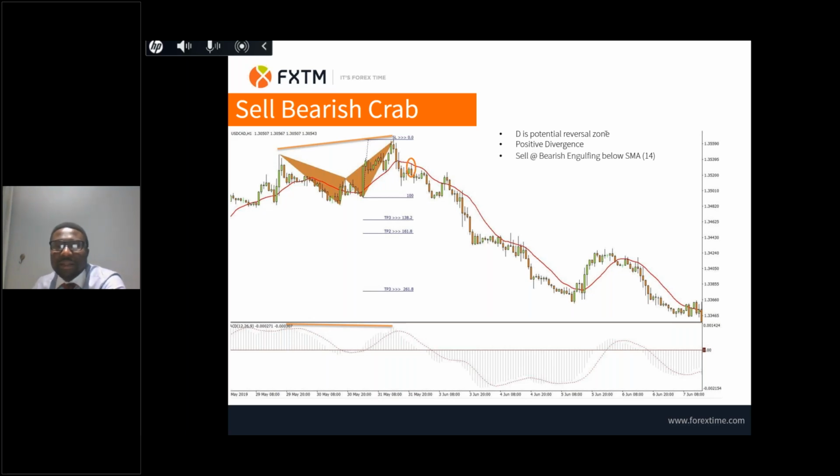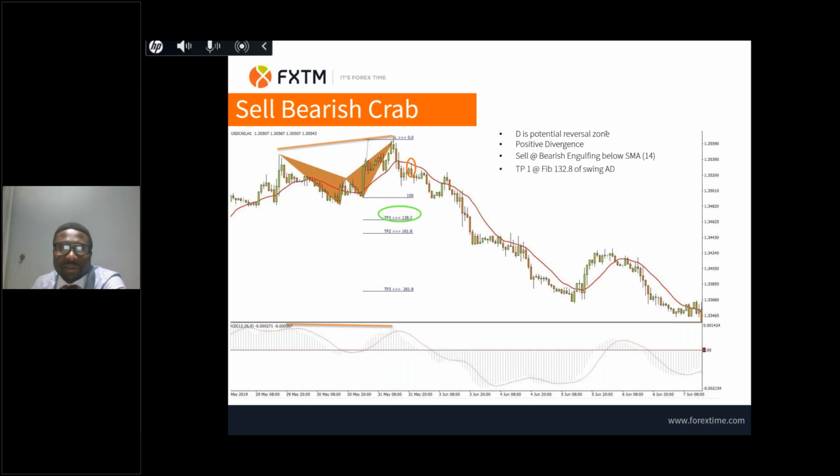Then I sell at the bearish engulfing. It's supposed to be negative divergence, please, not positive. So sell at bearish engulfing below the SMA 14. That is the bearish engulfing circled below the SMA 14.